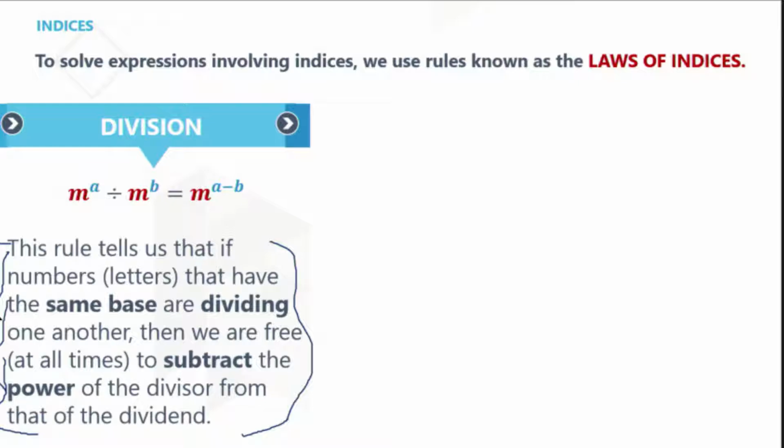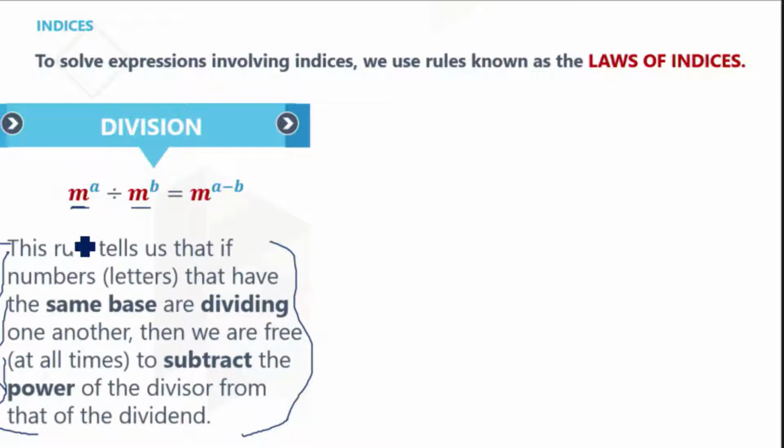The dividend is the number that is being divided, and it usually comes before the division sign. Looking at this expression here, this is the dividend. The divisor is the number that is dividing the other number, and it usually comes after the division sign.